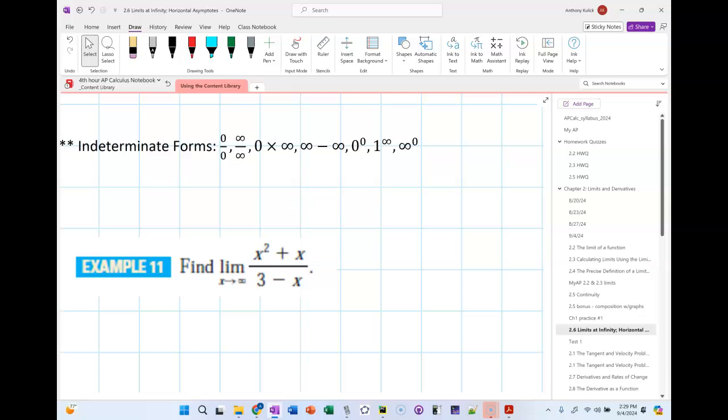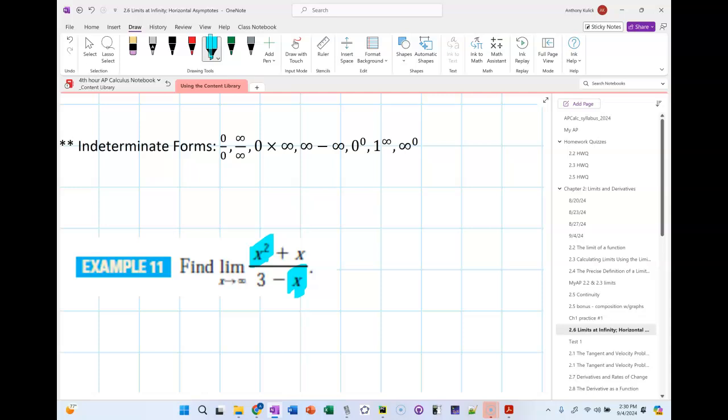Let's see how. What I'm noticing is the degree of the numerator is greater than the degree of the denominator, correct? So if I divide these two polynomials, I'm going to get a linear polynomial left. So it's either going to be slope up or slope down. It's either going to go to positive infinity or negative infinity. Everybody's okay with that much?